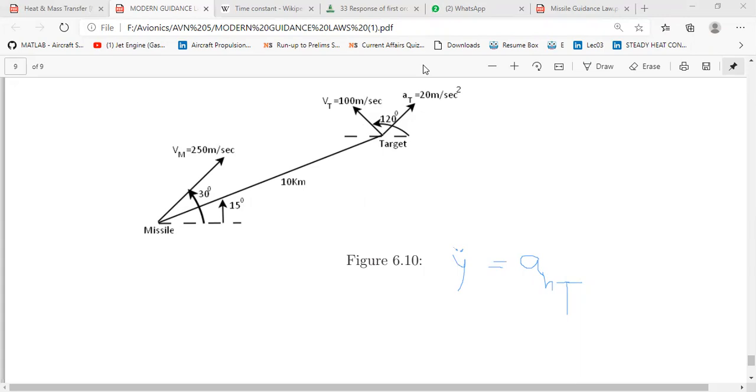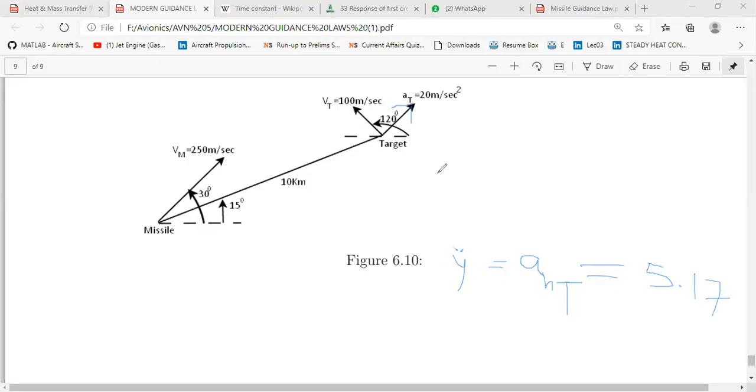So here it is given, right? That is showing 5.17. So this will be 5.17 meter per second square. This will be your y double dot.